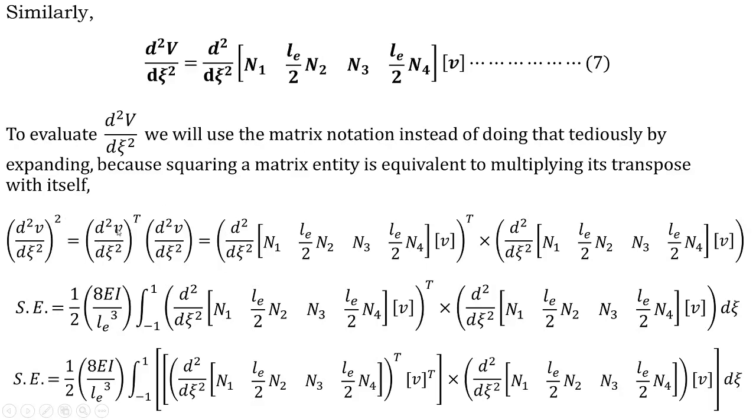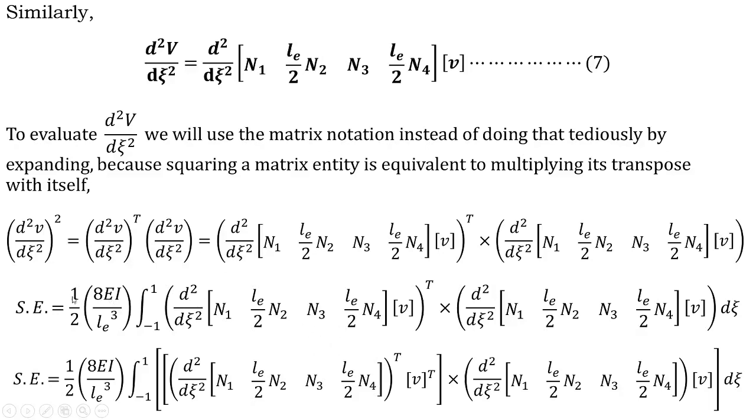One matrix, the first term, is applied with the transpose and the second term is without the transpose. Now let us substitute this value of d square v divided by d zeta square, nothing but this term, in equation number 5.